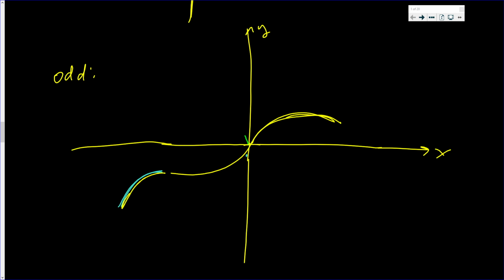And if you have this, then you have to have that. And that would be what I would expect them to give me. So again, if you're only given this piece and this piece, you should be able to come up with those two pieces, knowing that the graph is odd.